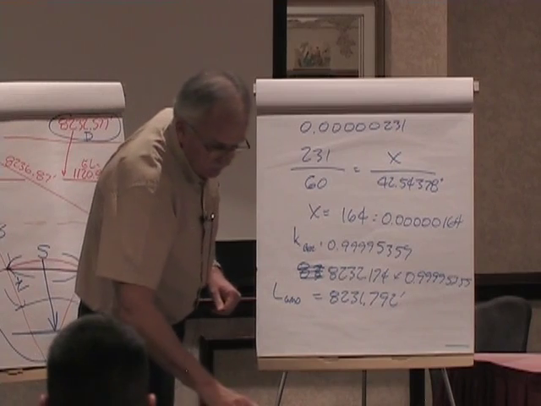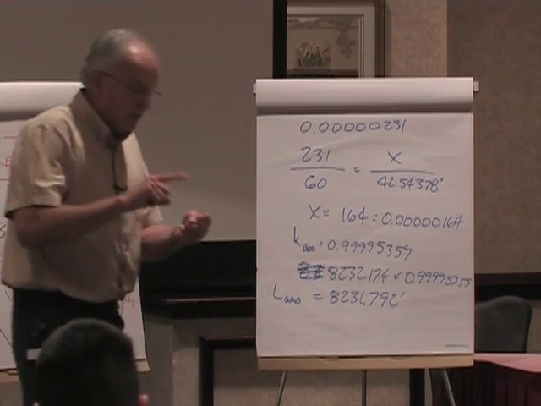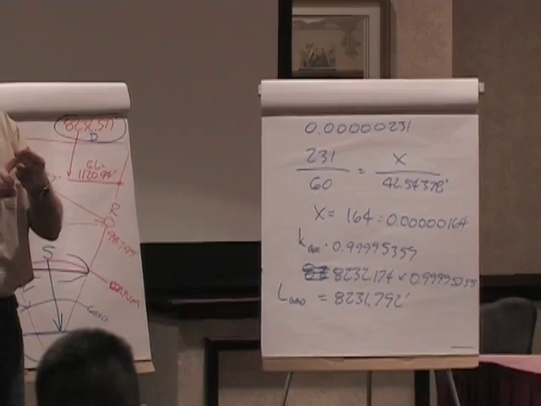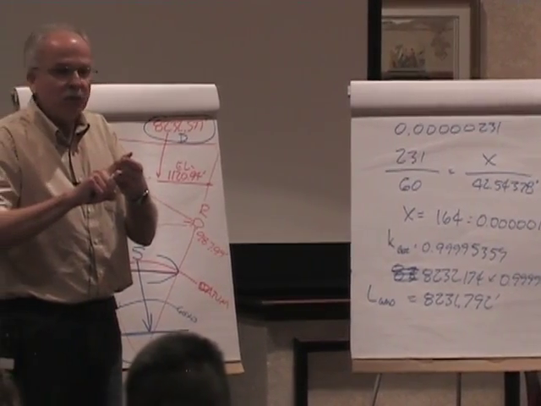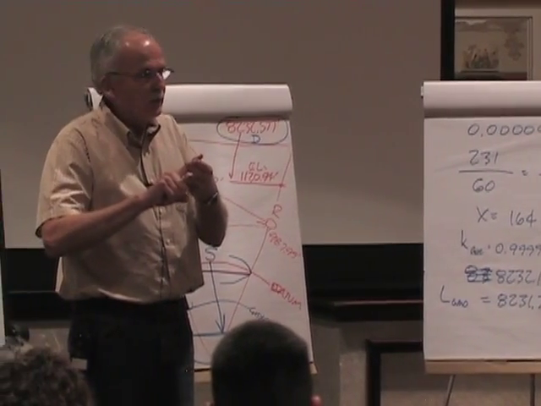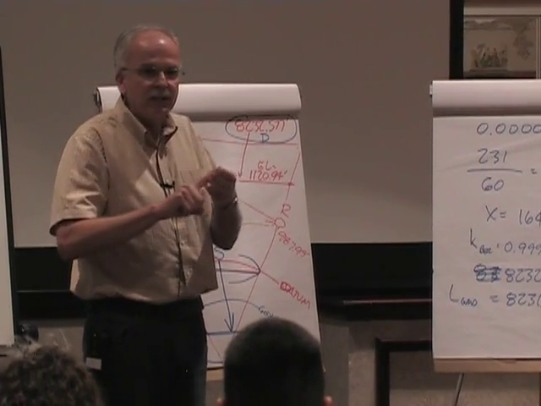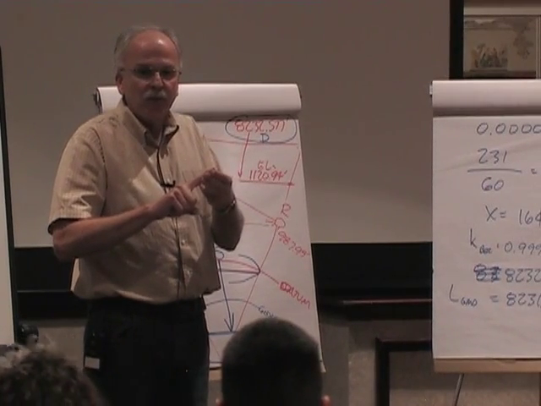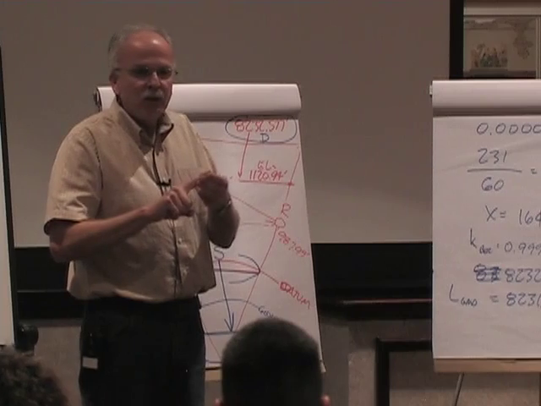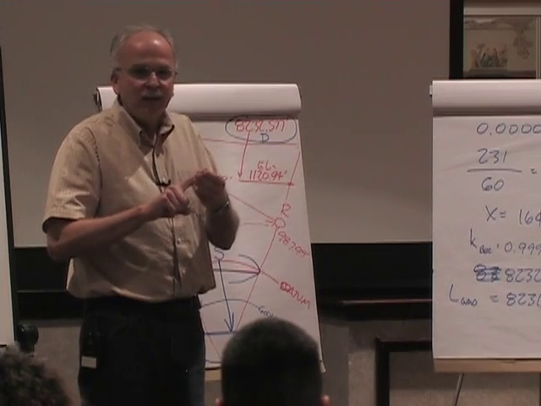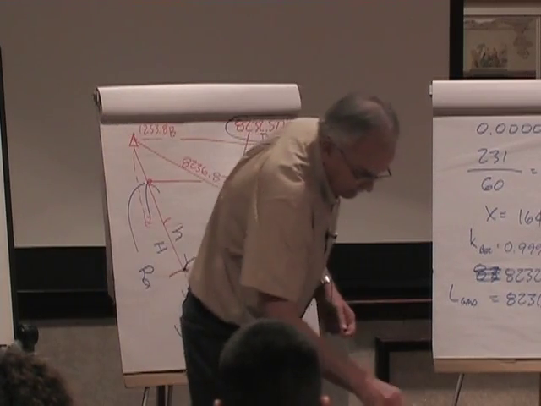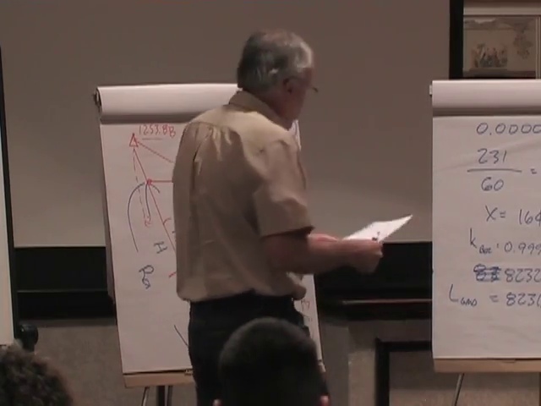Okay, so now you have grid coordinates. You have a grid azimuth from Bernardino to Riverside, and you have a grid distance from Bernardino to Riverside. You get out your HP, you put it all in there, and you run through your traverse pack, and you end up with coordinates.